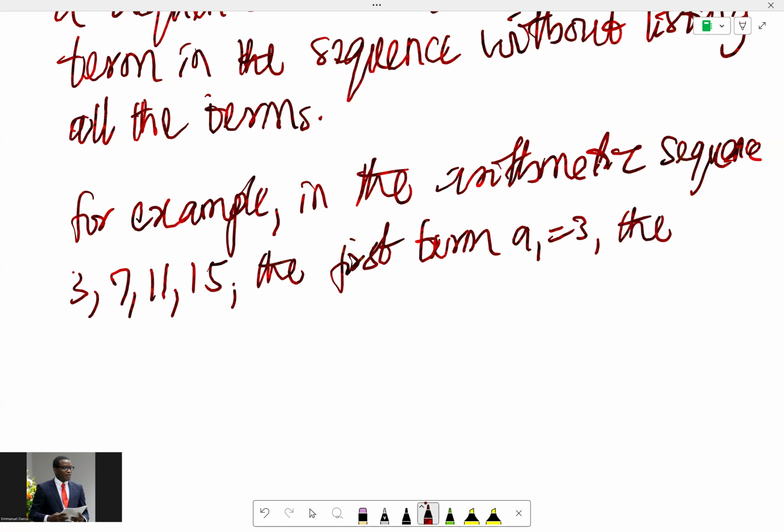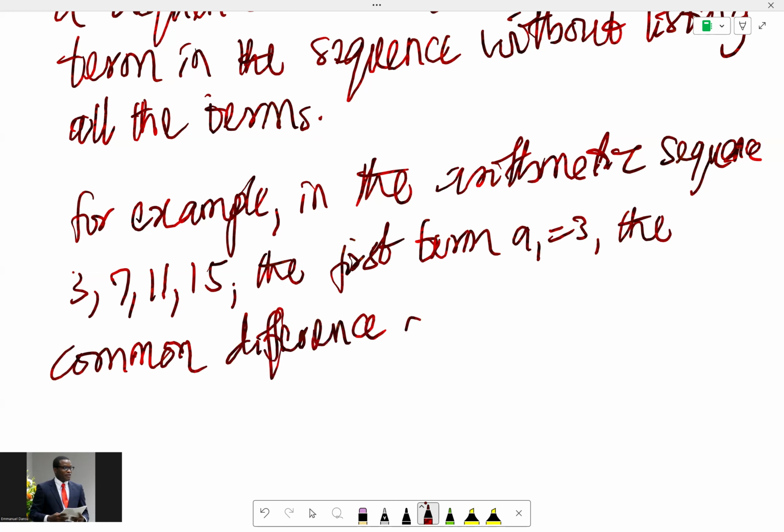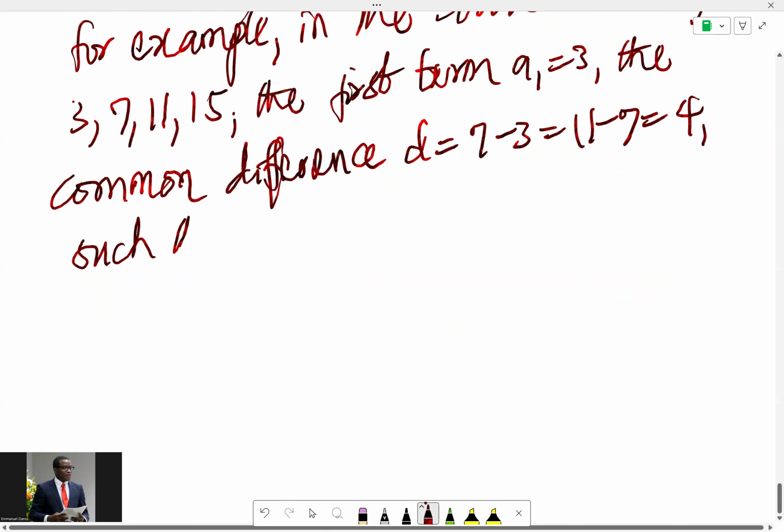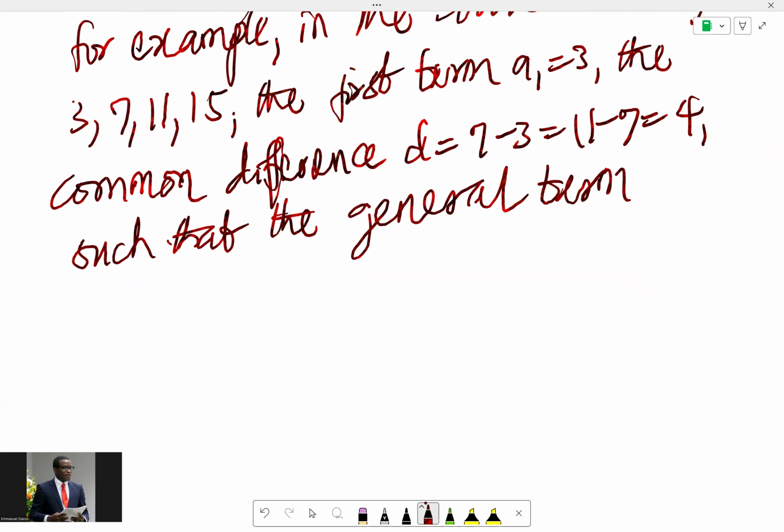The common difference d is equal to, say, 7 minus 3, or if you like, 11 minus 7, and all of that is 4, such that the general term is a_n equals first term a_1 plus the common difference 4 into, okay, since it's an arithmetic sequence, we already know a_n is equal to first term plus n minus 1 multiplied by d.